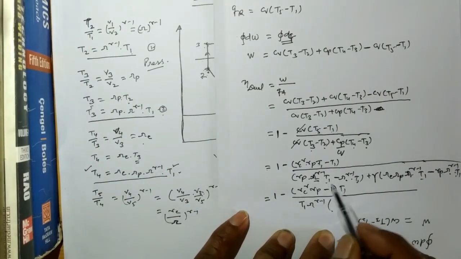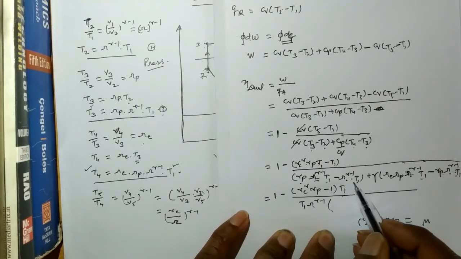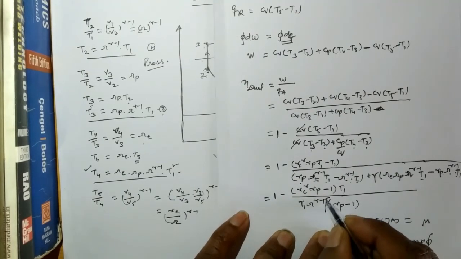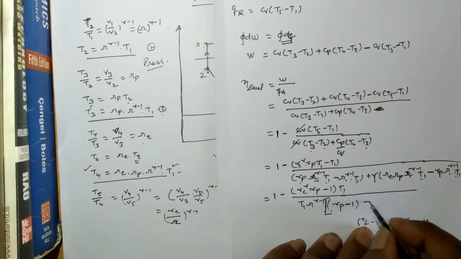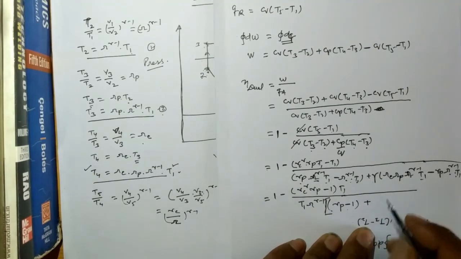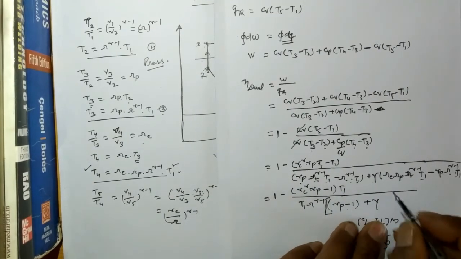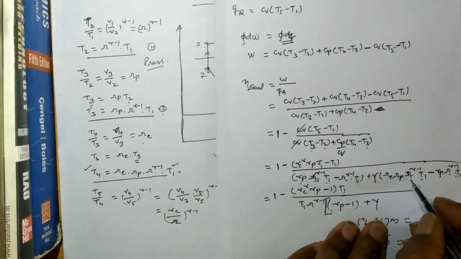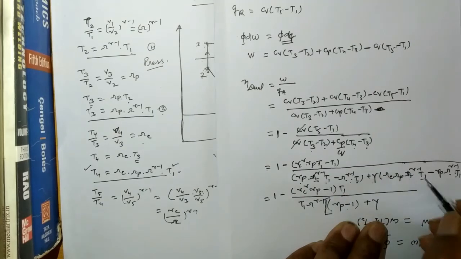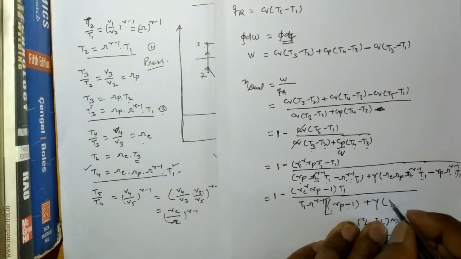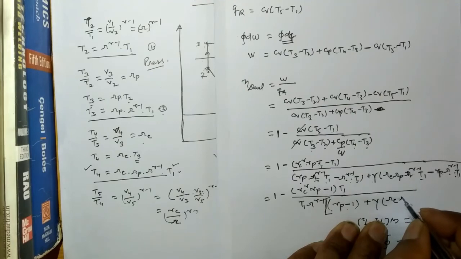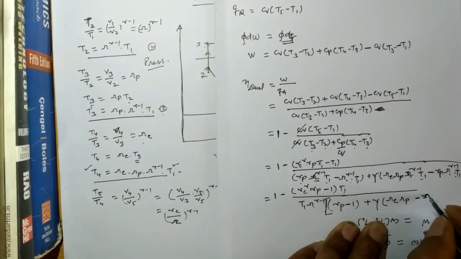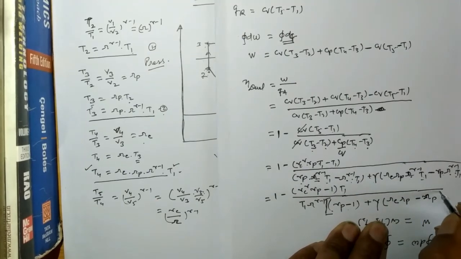Now what remains is only Rp minus 1, that is a common term. This term is Rp minus 1 plus gamma, r power gamma minus 1 is common, and T1 is also common. The remaining value is Rc Rp minus Rp.